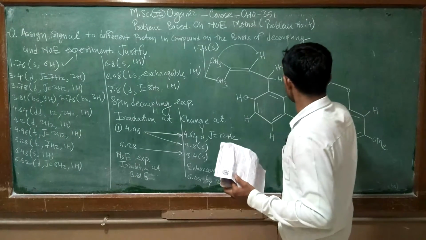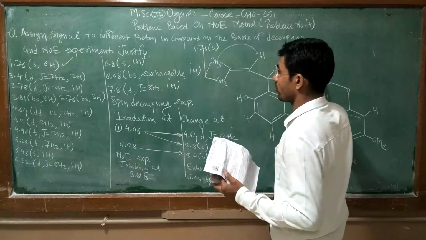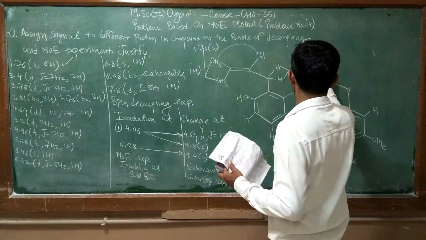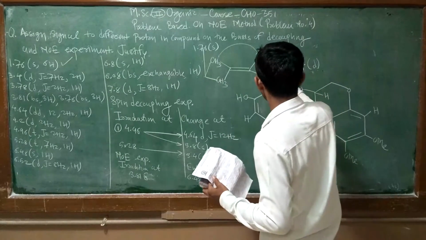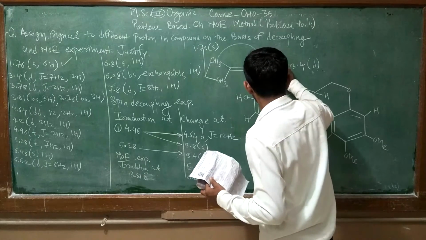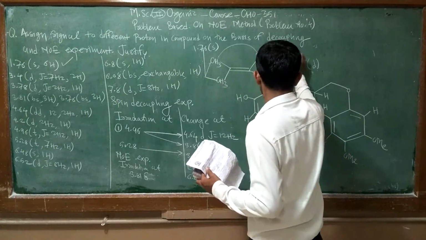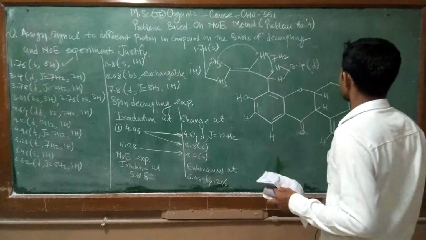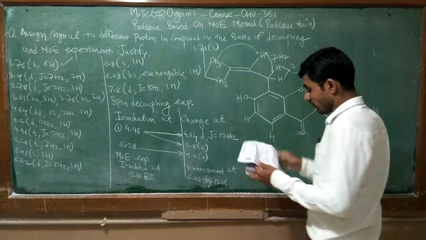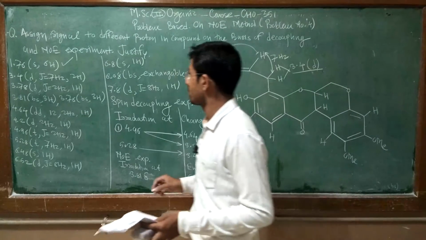So this proton obviously shows the signal 3.4, that is the doublet. So how do they show the doublet? Because they are coupled with this vinyl proton with allylic coupling, 7 Hertz. So because of that they show the signal 3.4 doublet.